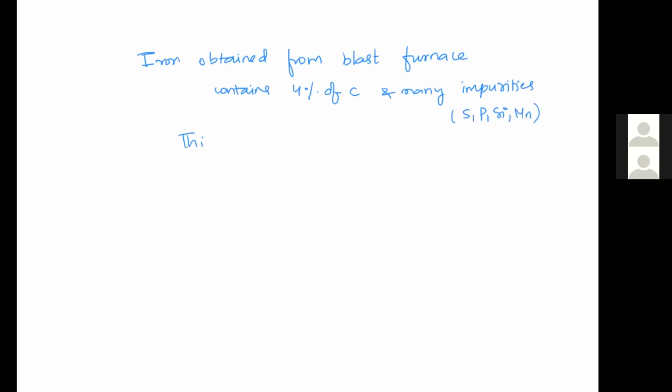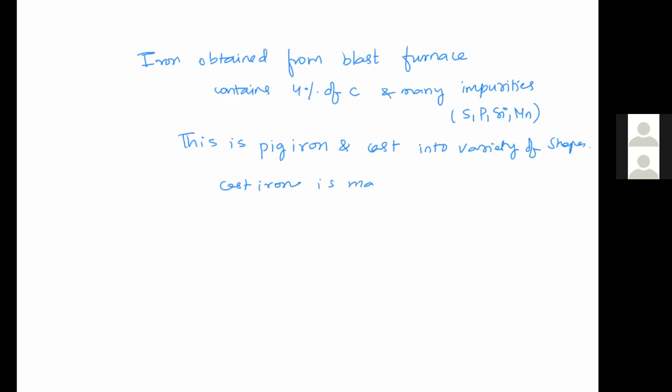And this is pig iron. And cast into variety of shape. But that is different. Cast iron is different.